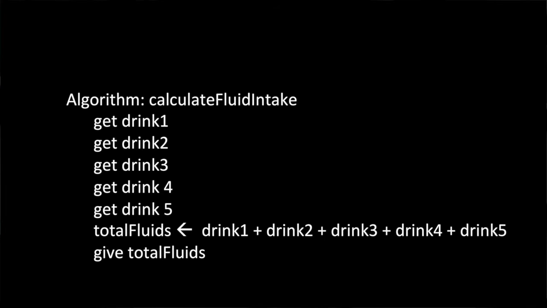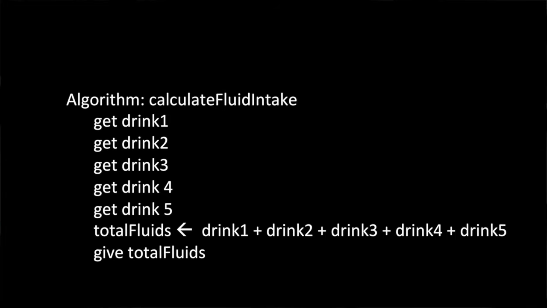Here's another example, tracking fluid intake. So suppose that I know that I'll have 5 drinks of water a day. Then I can write a pseudocode algorithm to determine how much water I've drunk in total over the day. So I'm going to call my algorithm calculate fluid intake. And it's got a number of steps.